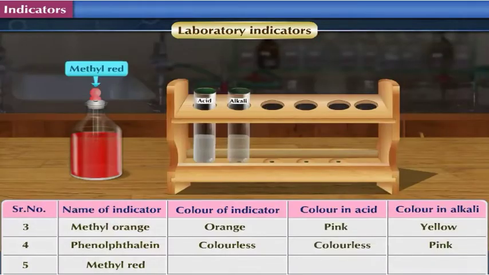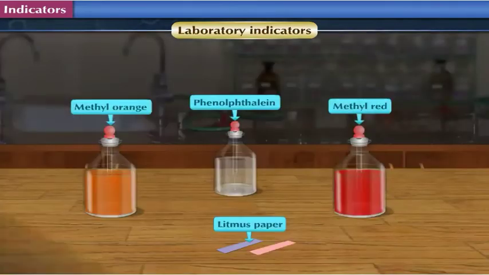Methyl red is a red-colored indicator. It remains red in acid and becomes yellow in alkali. These are the various indicators which we use in the laboratory to indicate the acidic or basic substances.